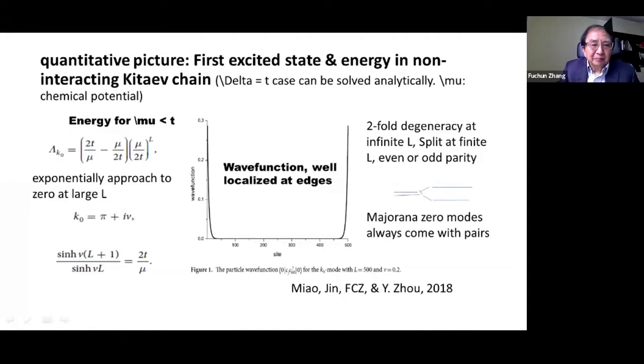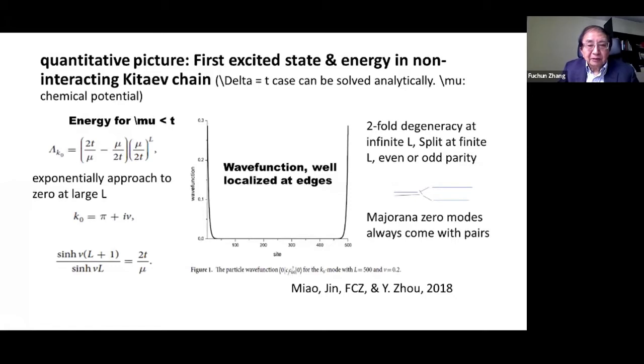In the case where the chemical potential mu is less than T, and L is the number of sites on the chain, the first excited state energy can be calculated. It is positive because T is larger than mu, and it scales as mu to the power of L. When L is infinity, mu over 2T is smaller than 1, so the energy goes exponentially to 0 for a long chain.